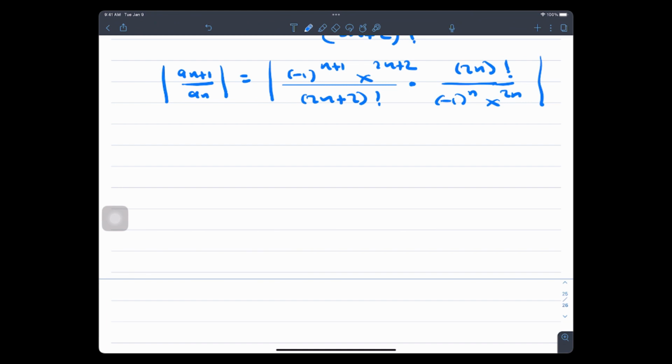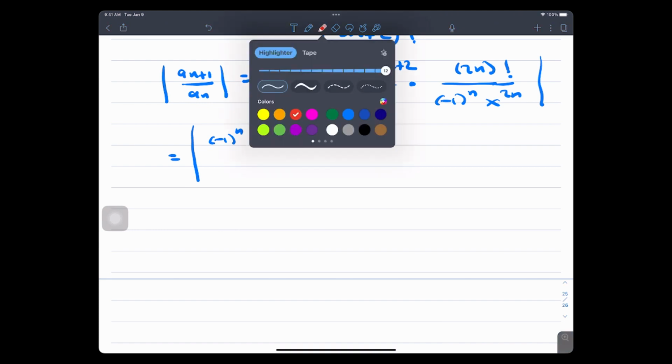So double check. What do you guys think you want to do here in this problem? Isn't this negative 1 to the n times negative 1? Aren't you going to do algebra here?